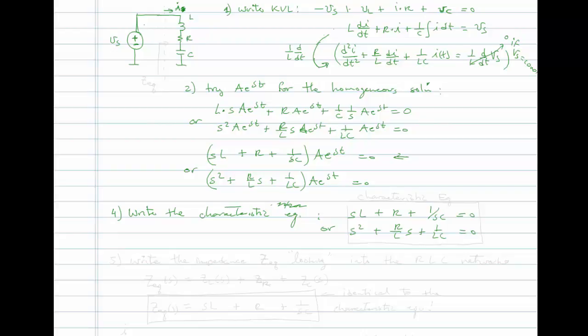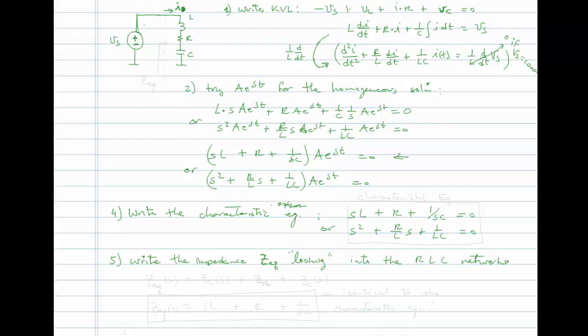All right. Now let's do something a little different. Now we're going to actually write the impedance. So there's no connection to this yet. This seems a little random, but let's write the impedance Z equivalent, ZEQ, looking into the RLC network.